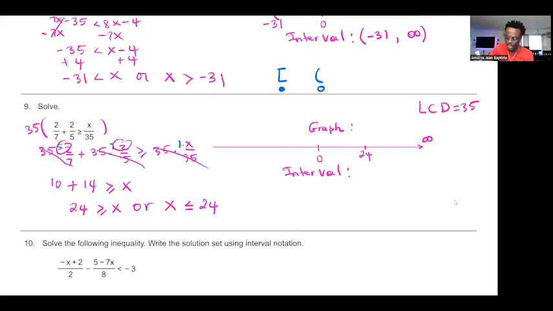So basically, it's going to open to the left on 24, and then the shaded part will be everything on the left side of 24.